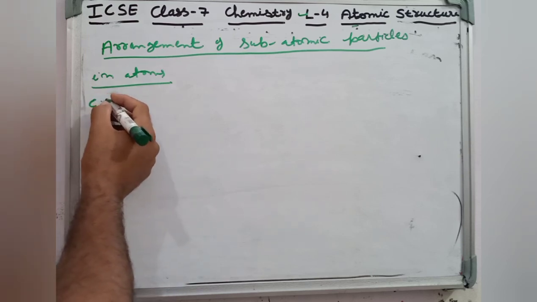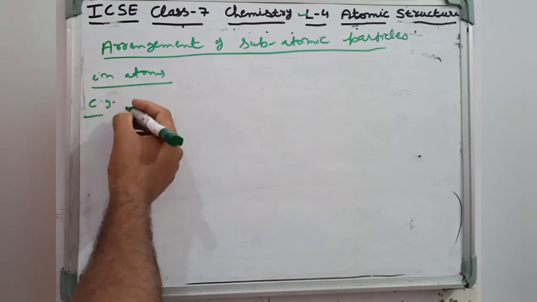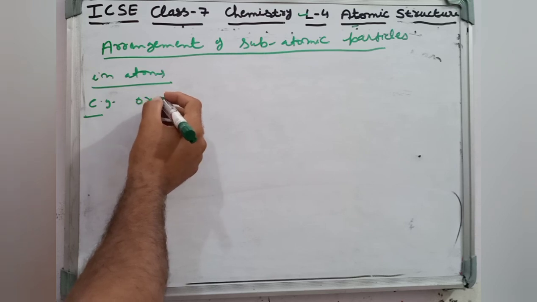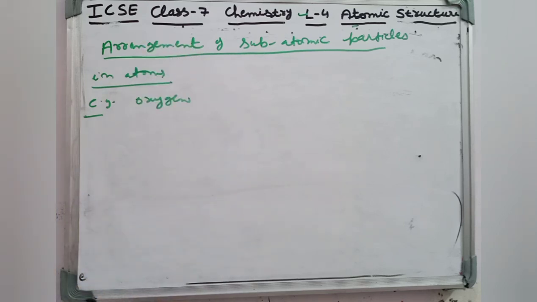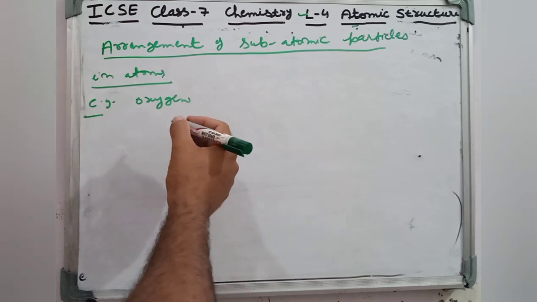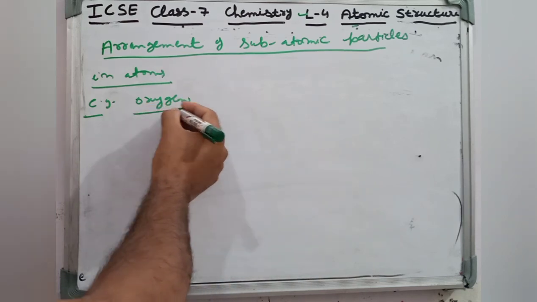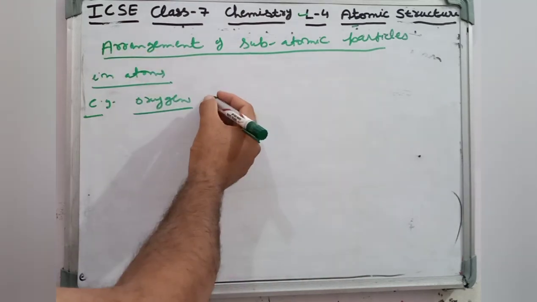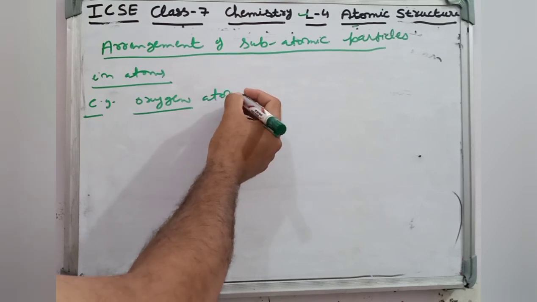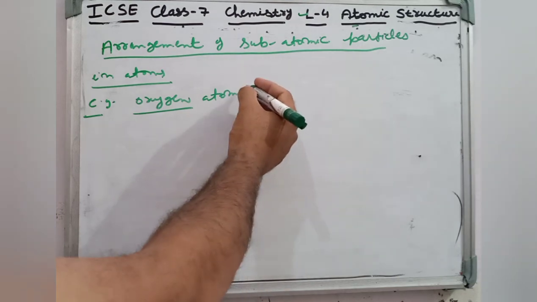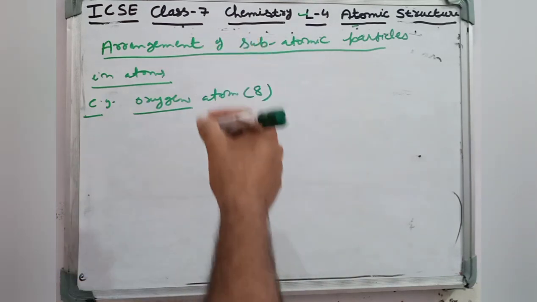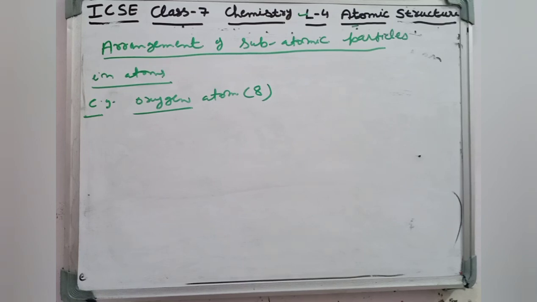Suppose we take the example of oxygen. The oxygen atom has 8 electrons.